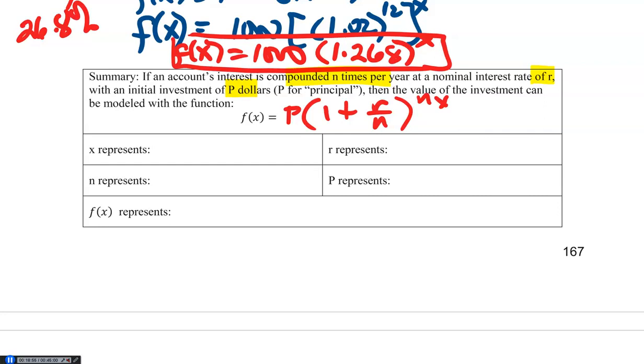That is, x represents the time in years, n represents the number of times the interest is compounded per year.